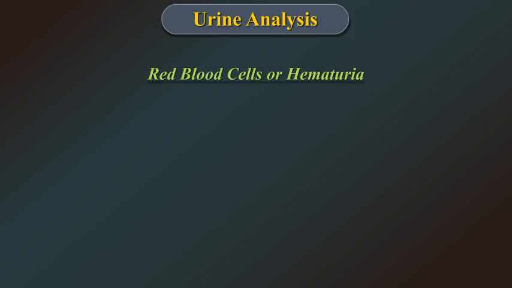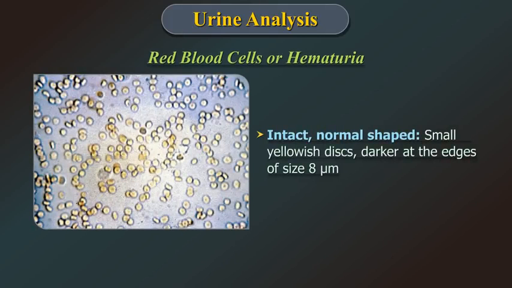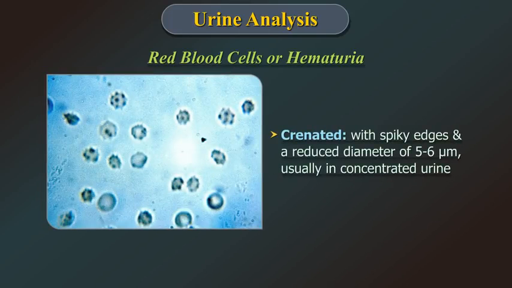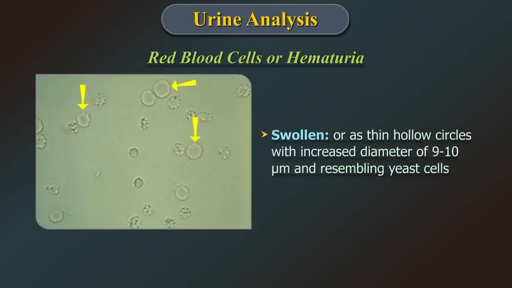Red blood cells or hematuria. Appearance. Red blood cells in urine may be seen as intact, normal shaped, small yellow discs darker at the edge, of the size 8 microns; crenated with spiky edges and a reduced diameter of 5 to 6 micron, usually in concentrated urine; or swollen, as thin hollow circles with an increased diameter of 9 to 10 micron, resembling yeast cells.